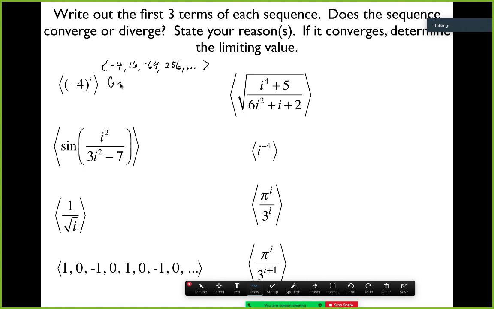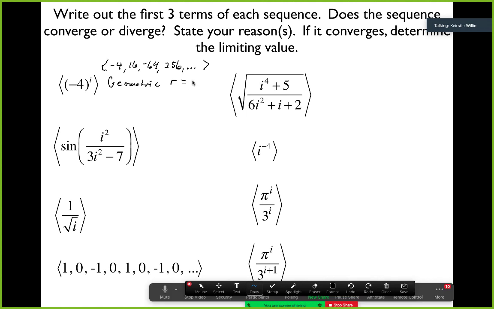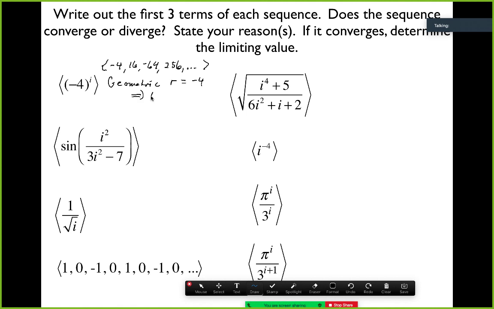Geometric. It's a value to the index, right? The index is the exponent. Geometric with r equal to -4. Conclusion? Diverges. It's outside of our range from -1 to 1, where geometric sequences converge. And you can just see that. You list out the terms, and it's obvious. It's exploding. The numbers will just get huge.